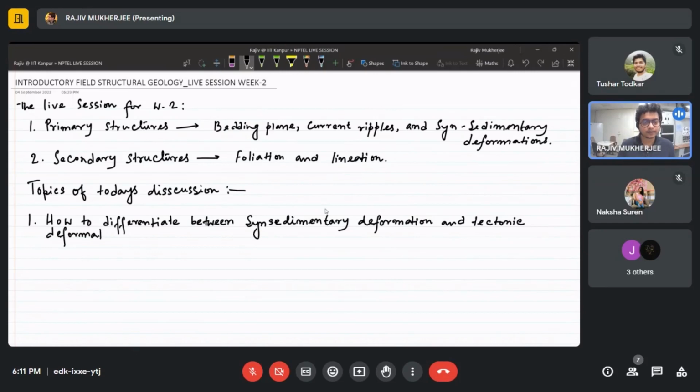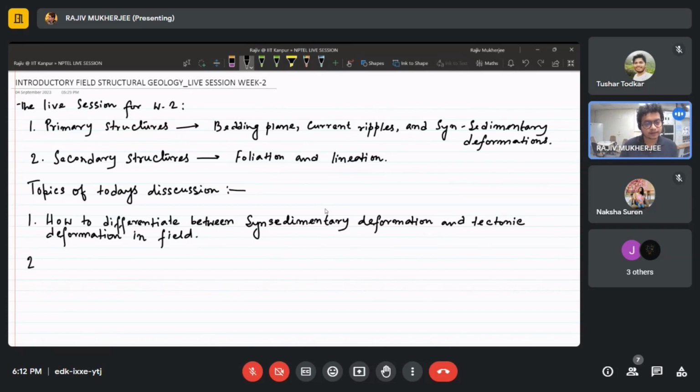So this is a most important part that we generally observe in the field, is that there are a lot of structures. There can be tectonic deformations, there can be sin sedimentary deformation, but everything has to be from different origin, right? But in the field, how do we exactly interpret or rather differentiate that? Okay, so this is sin sedimentary deformation and this is a tectonic deformation. We have to be sanguine about that. So how to differentiate between sin sedimentary deformation and tectonic deformation in the field, right? By looking into the structures, right?